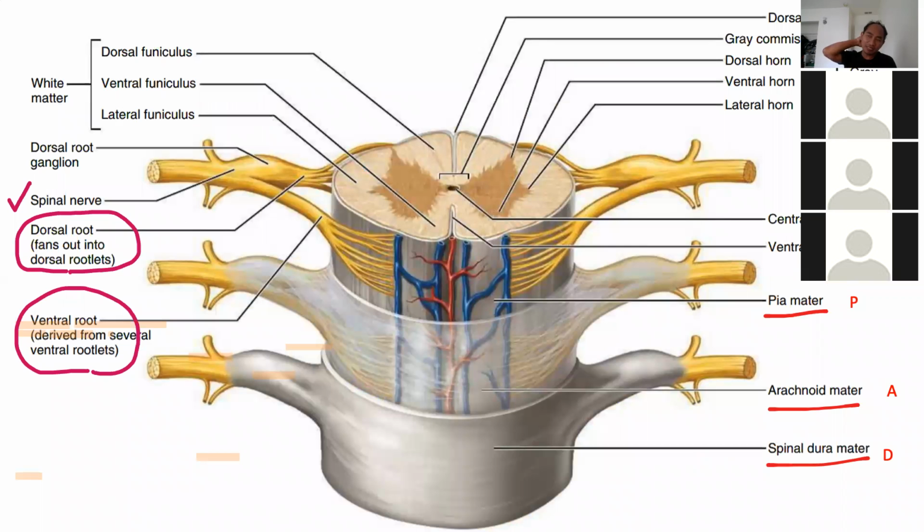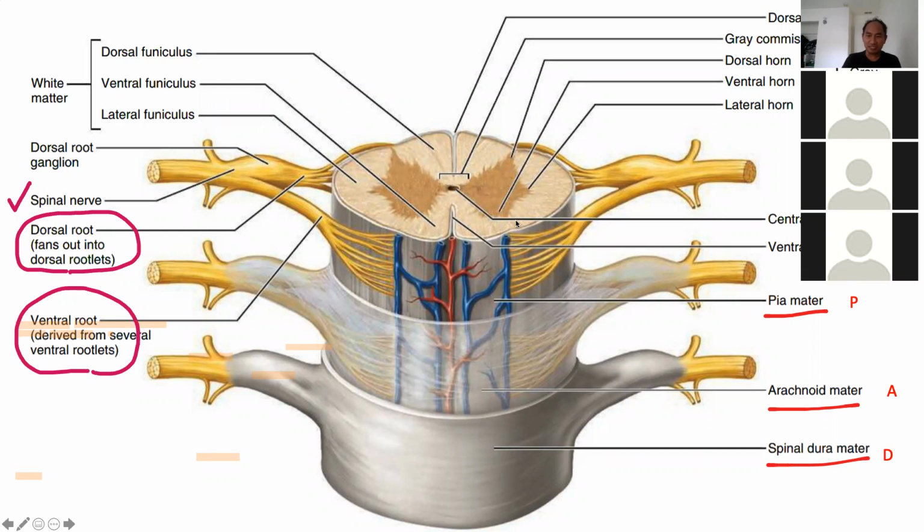So let's look at the junction or connection of the peripheral nervous system and the central nervous system. The central nervous system is brain and spinal cord, isn't it? Brain and spinal cord. So this is the spinal cord, therefore it is the central nervous system.